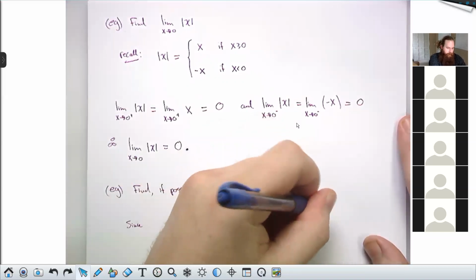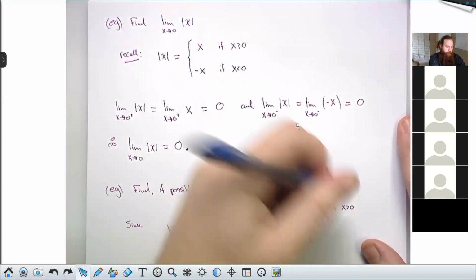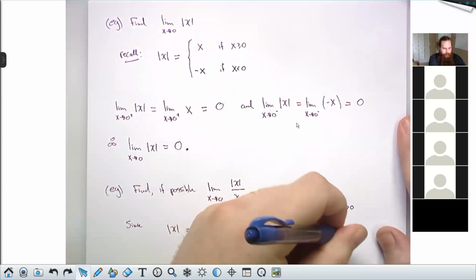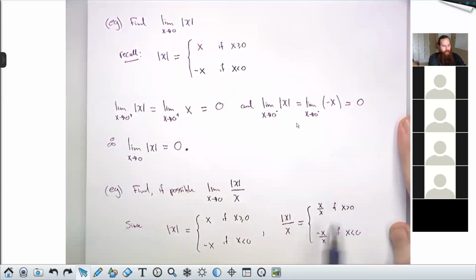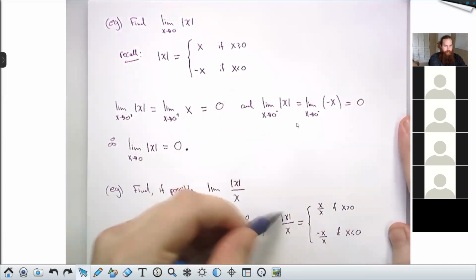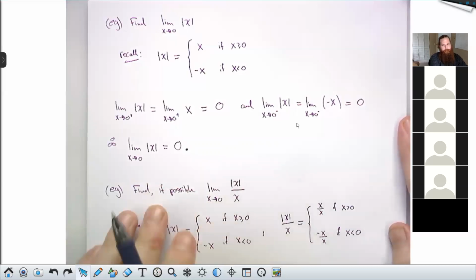So it would be x over x if x is greater than 0, and negative x over x if x is less than 0. And I've pulled out the or equal to here because, of course, this thing is undefined at 0 because the bottom there would be 0.